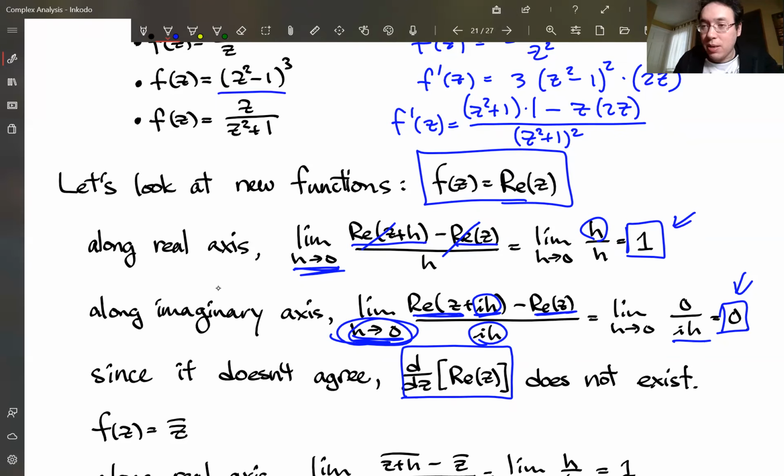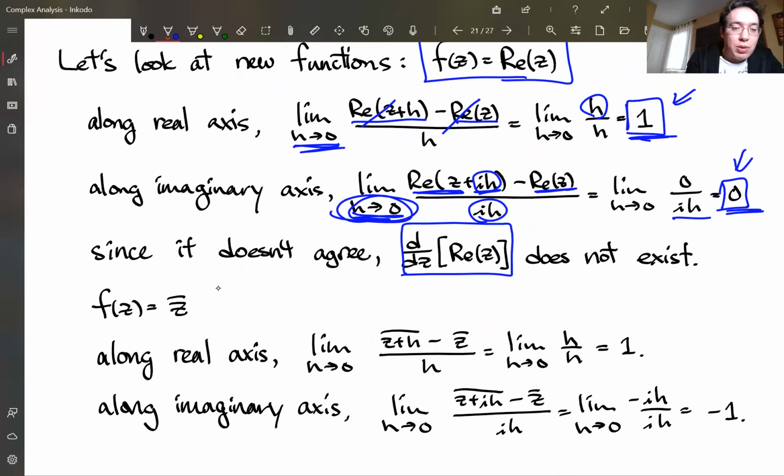So that's something that's different here. Also, I'd like to point out that if you look at partial derivatives, the partial derivative of this guy exists. The partial derivatives are 1 and 0 respectively. But complex differentiation is different from that as well.